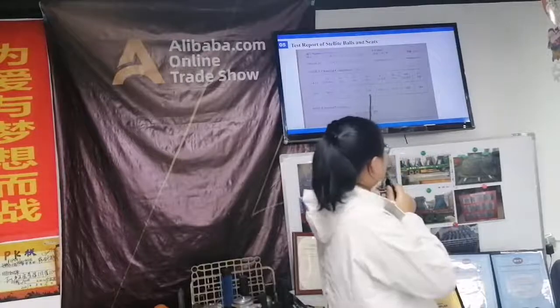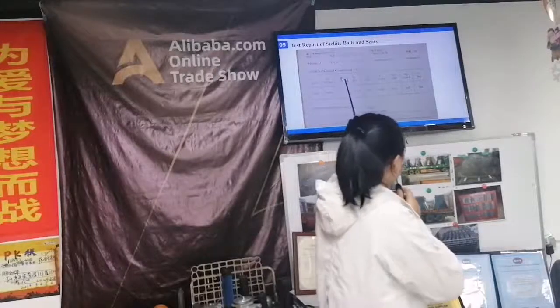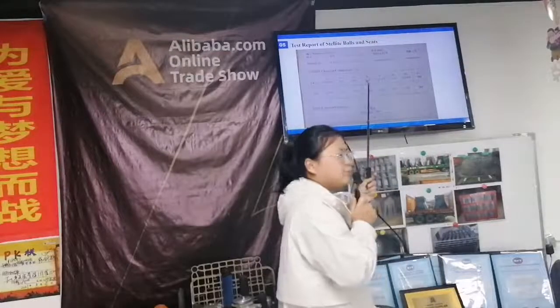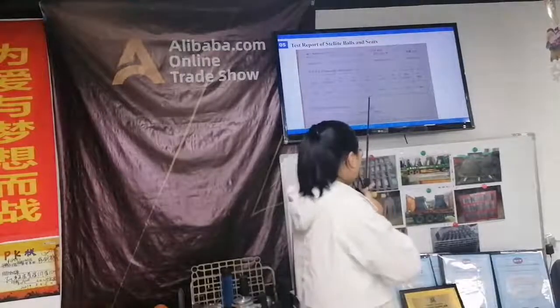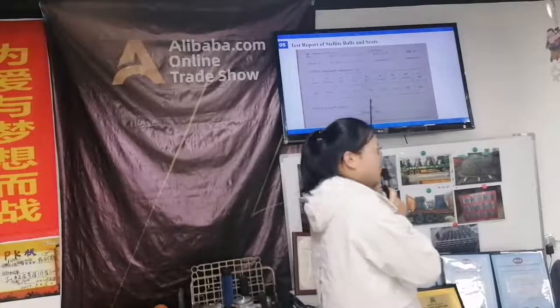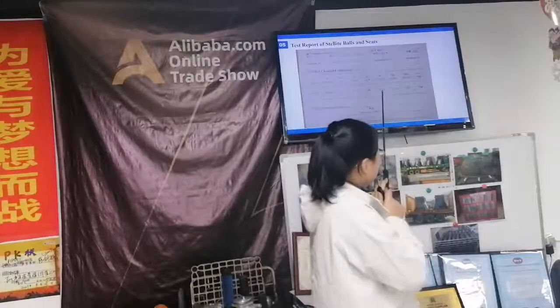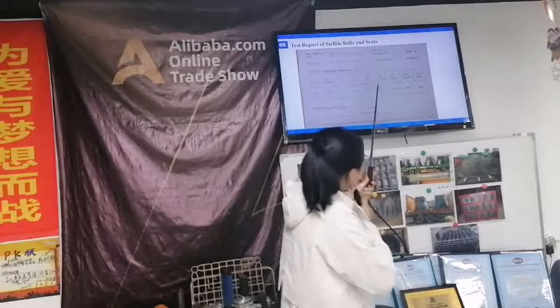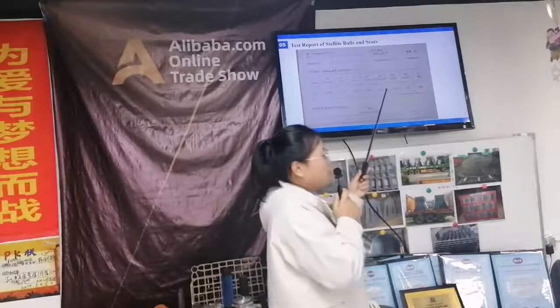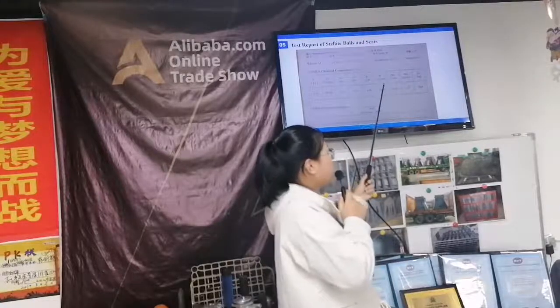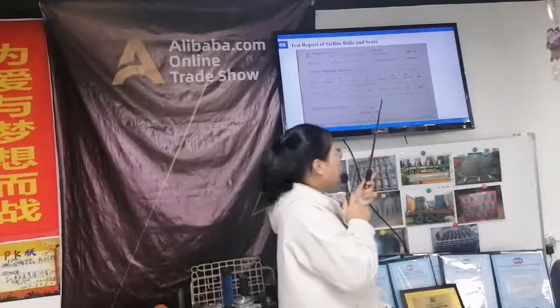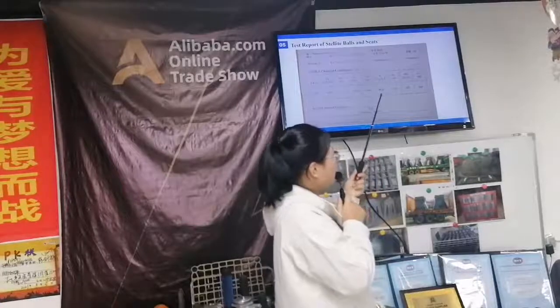For silicon, the range is less than 1.5%. The actual is 0.59. For tungsten, the range is 17 to 19.5%. The actual is 18.1.